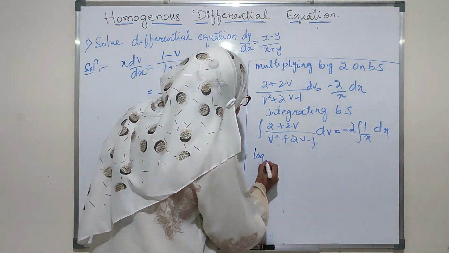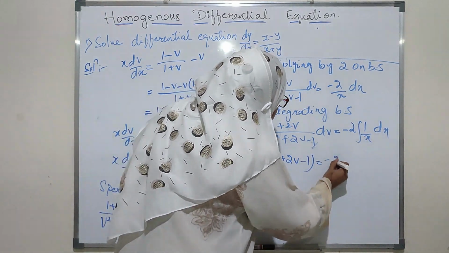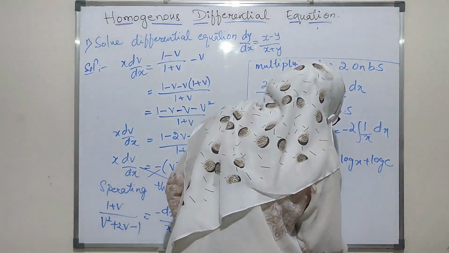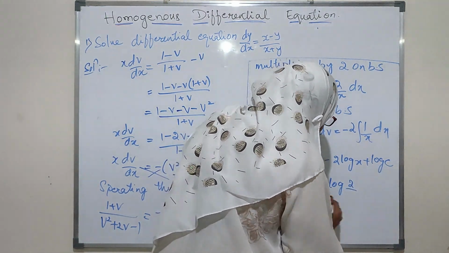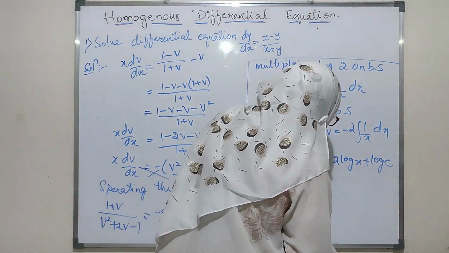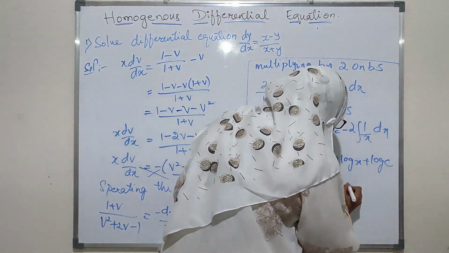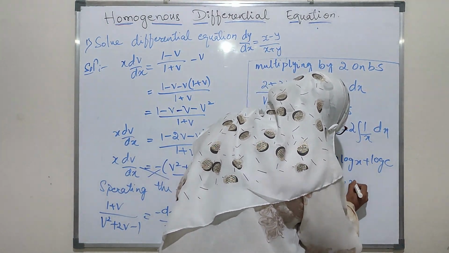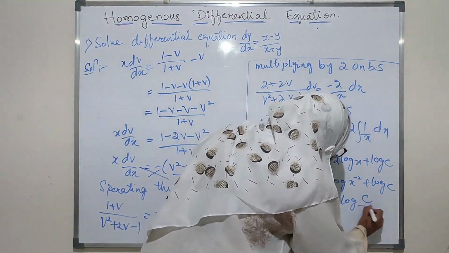So the integration we will get: log of v square plus 2v minus 1 is equal to minus 2 log of x plus log c, where c is constant of integration. So we can write log of x raised to minus 2, plus log of c, which becomes log of c by x square.